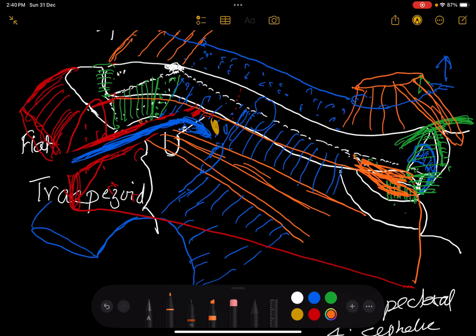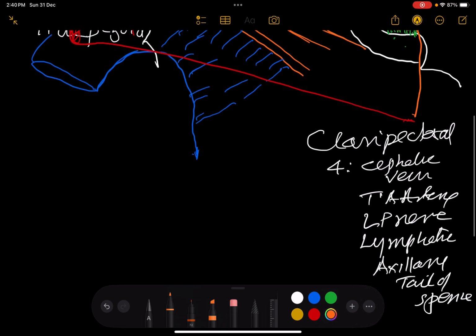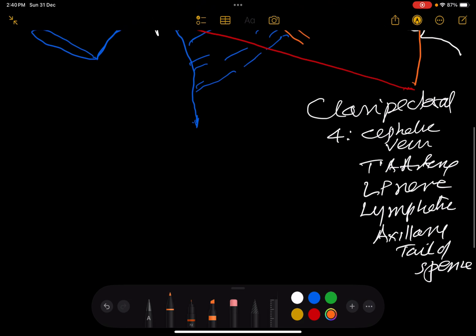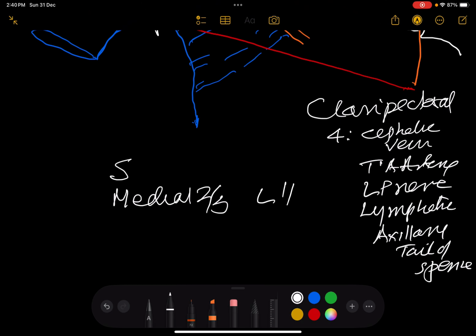So what do we want to know about the clavicle? We want to know that the clavicle is an S-shaped bone. It has got a medial two-thirds and a lateral one-third. The medial two-thirds is triangular. This is flat.